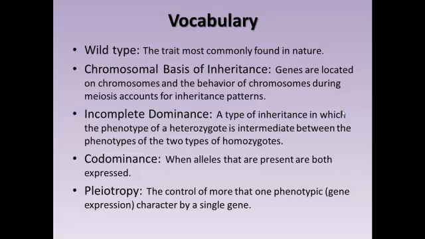When you end up with something in between, it's called incomplete dominance. Like you have flowers that are red that breed with flowers that are white, and then your F1 generation turns out pink. That would be incomplete dominance. If it were regular complete dominance, the offspring would be, say, red would be the dominant color. All the offspring would be red.